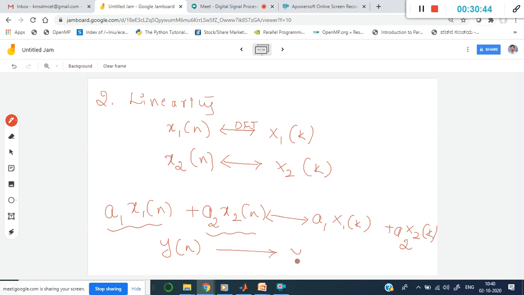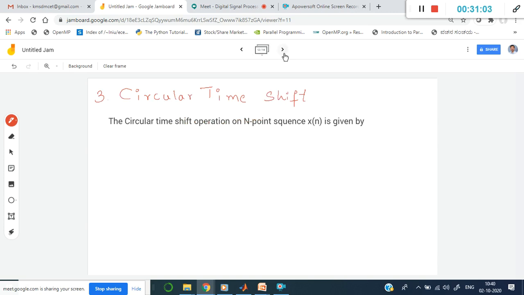So Y of k will be a1 X1 of k plus a2 X2 of k. This is a very simple linearity property. You also come across this type of property in mathematics as well as in Laplace transforms, right? Now, coming to the third very important topic, the circular time shift property.